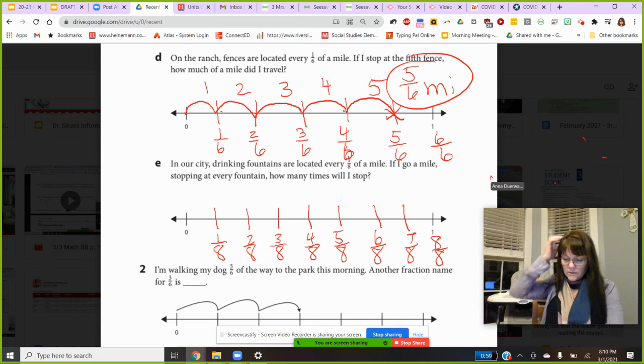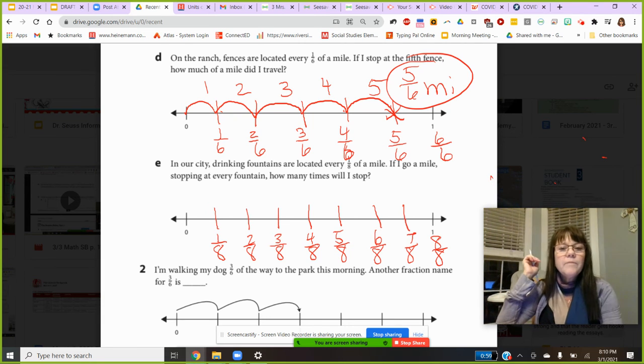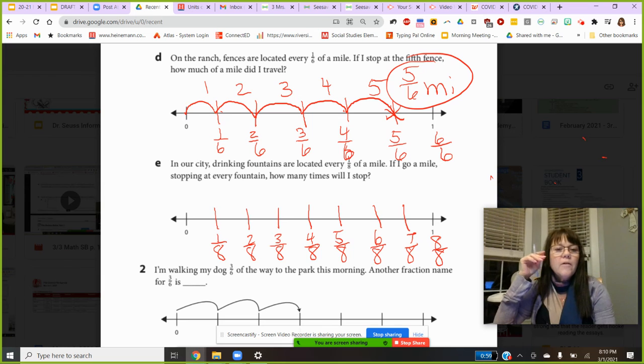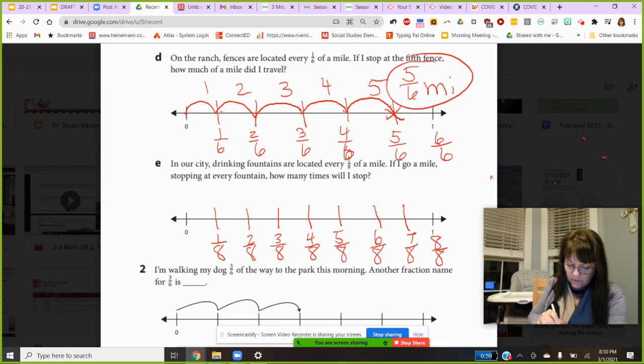Okay, so here we have it. If I go and stop at every fountain, so this is 1/8 of a mile. 1, 2, 3, 4, 5, 6, 7, 8.